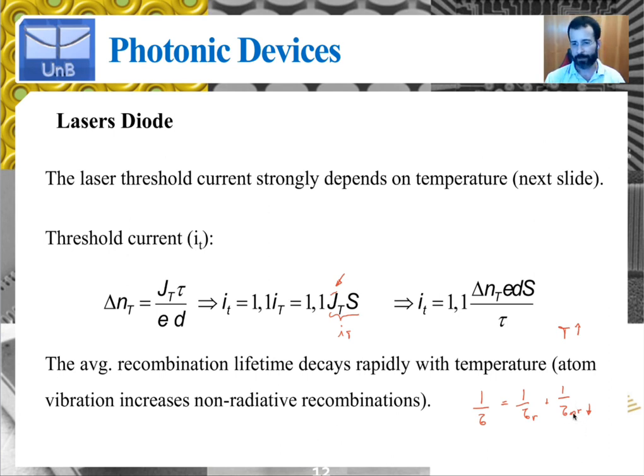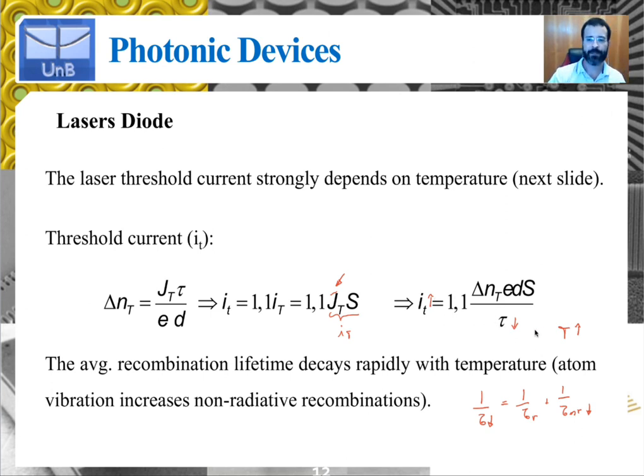And the fact that this will decrease will make it so that this will decrease as well, right? So if the recombination lifetime decreases, the threshold increases as you increase the temperature. So that's the way to think about why this happens.